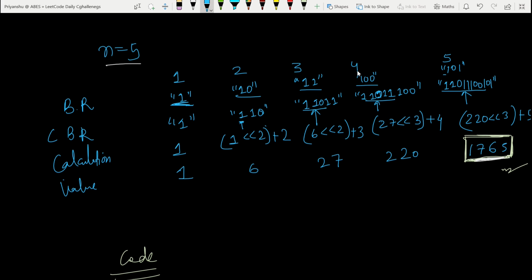At each step, this is what the concatenation will look like. We would have 1, then this 2 would be concatenated, then this 3, then this 4, and then this 5 would be concatenated. Now what is the scenario here?